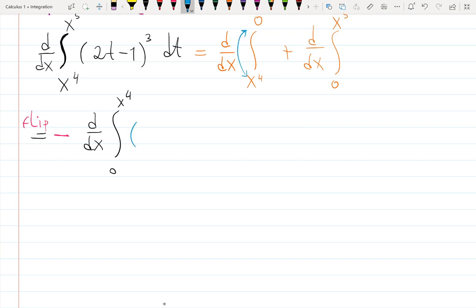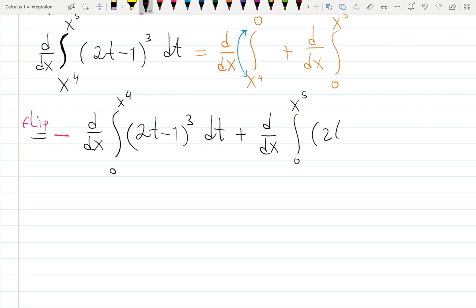The function stays the same inside, 2t minus 1 cubed dt, plus, and the second integral is still the same, so it's going to be d over dx from 0 to x to the 5 of 2t minus 1 cubed dt.